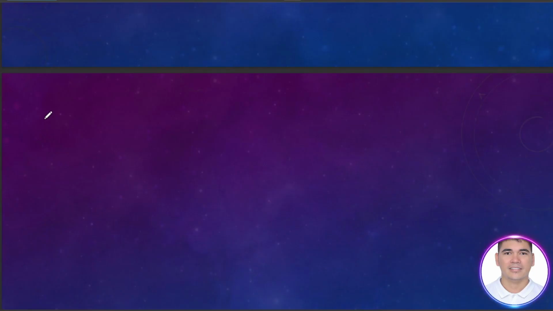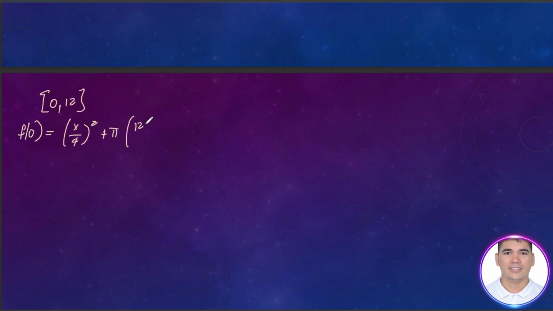So first, we have the closed interval 0 and 12. Here f of 0 is the square of x over 4 plus pi times the square of 12 minus x all over 2 pi.